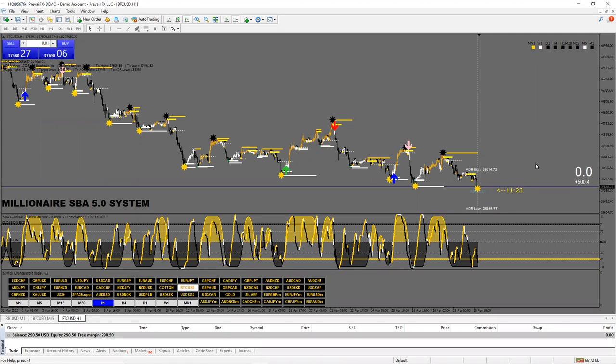Their computers are faster, more advanced, and more sophisticated than anything you can probably come up with as a retail trader. So you're always going to be behind the eight ball. So the name of the game is to learn enough of the game so that you can stay one fraction of a second ahead of them. If you can do that, you're going to make a lot of money.